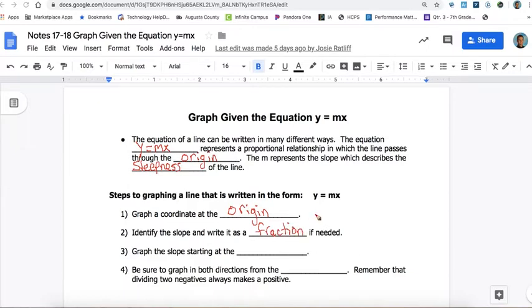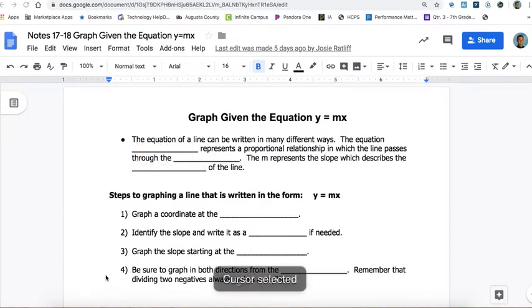And remember, we need a fraction if needed because sometimes it's already a fraction, but if it's not, then we need to have a rise and a run in order to graph it. Number 3, graph the slope starting at the origin. And then finally, be sure to graph in both directions from the origin. Remember that dividing two negatives always makes a positive.